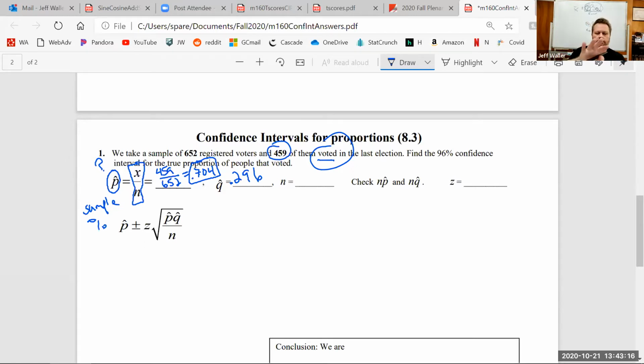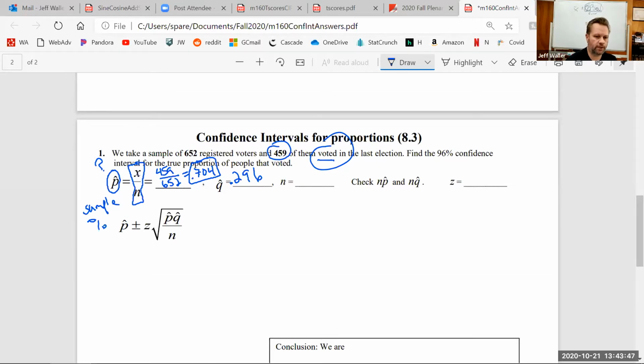So right now, my best guess for the true percentage of people that voted is 70.4%. That's my best guess. But just saying that to somebody doesn't give them an idea of how confident I am with that. So creating a confidence interval, as you can tell by the name, is a way to communicate that idea to somebody.